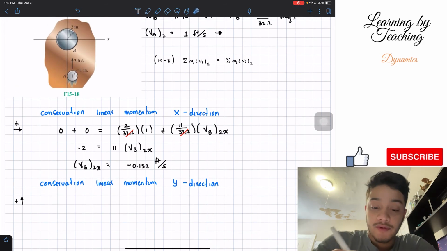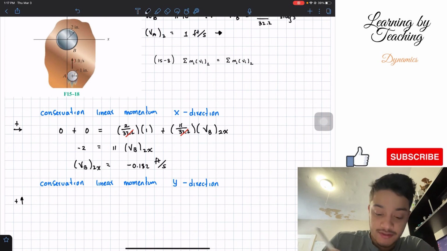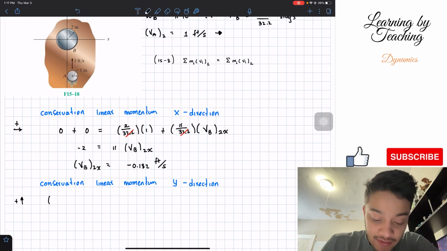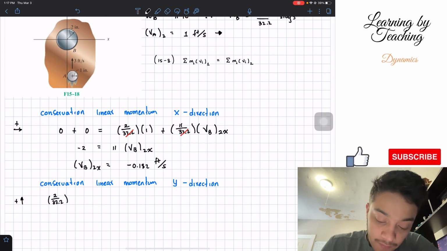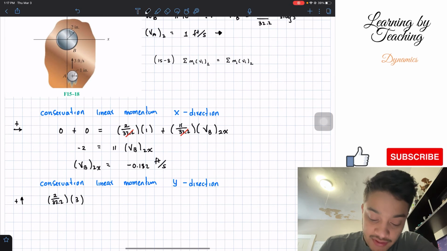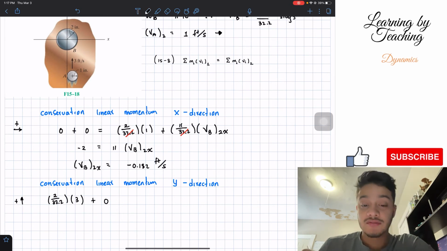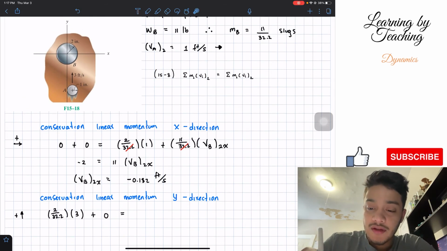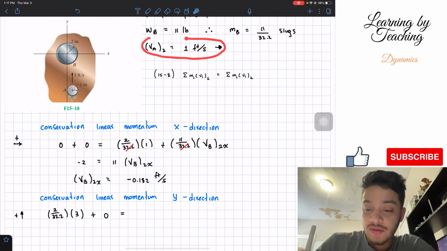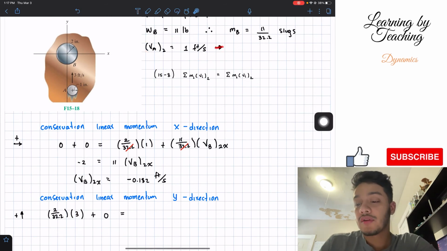Well, for our disk A, we have 3 feet per second going up. Okay, so we have the mass of A, which is 2 over 32.2 multiplied by those 3 feet per second plus 0, because B is at rest at the beginning, has to be equal to, and then, well, the velocity of A after the collision was only given going to the right.